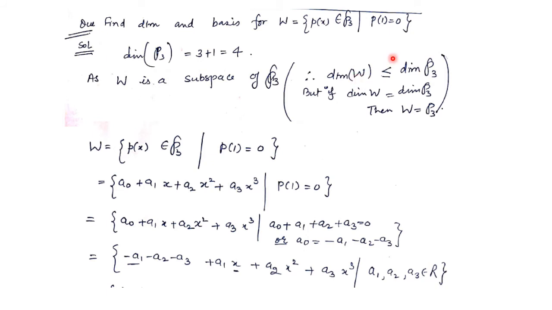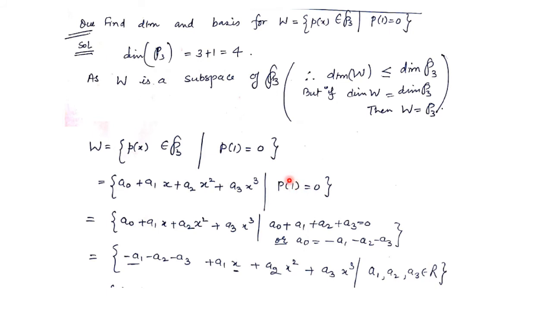So now W is a subspace of P3. It is a set of all those polynomials such that P(1) is 0.